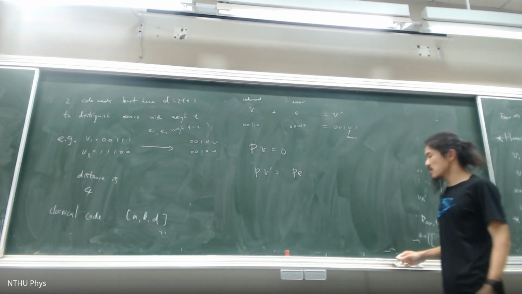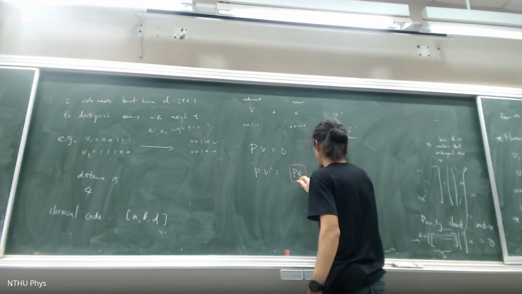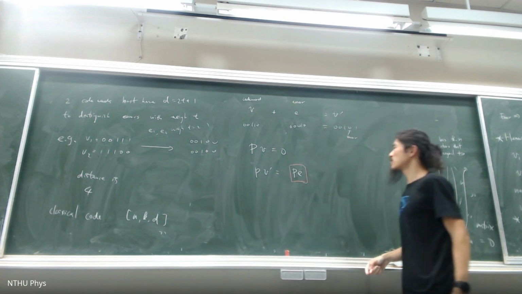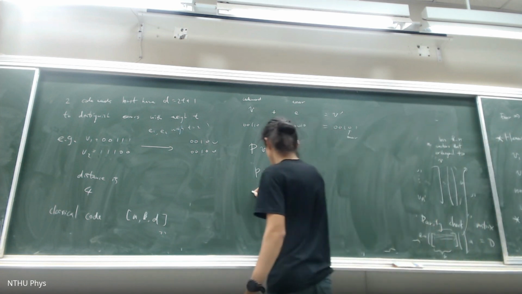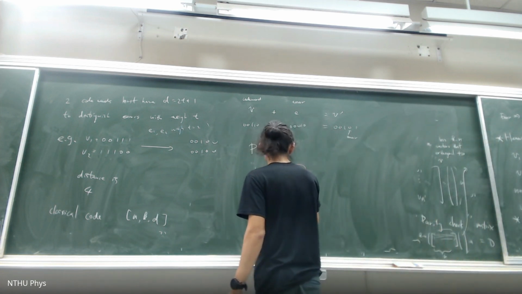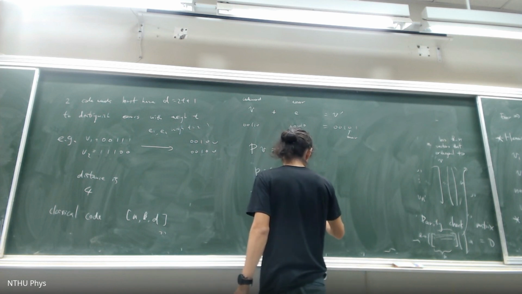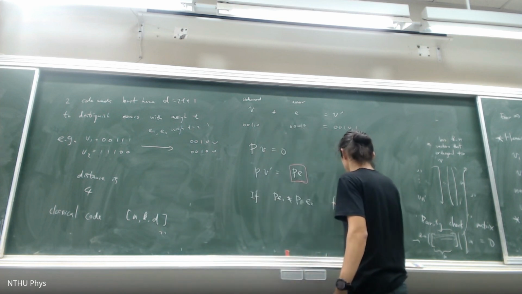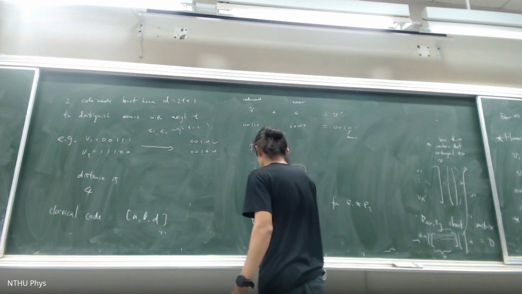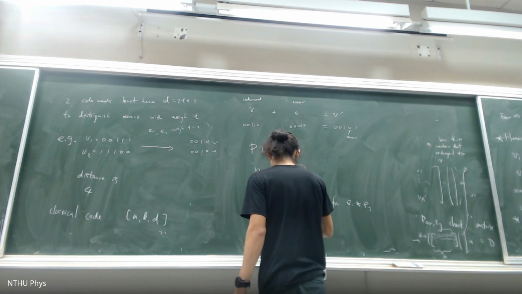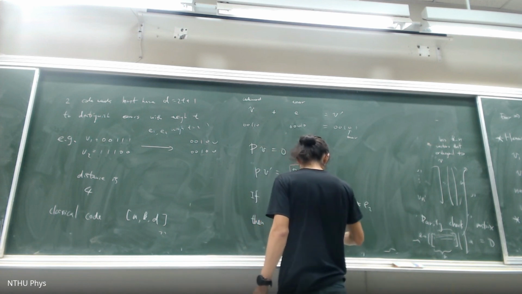So the idea is, for different E, if PE is different, then I can distinguish the error. So if PE1 is not equal to PE2, or E1 is equal to E2, then the errors are distinguishable.